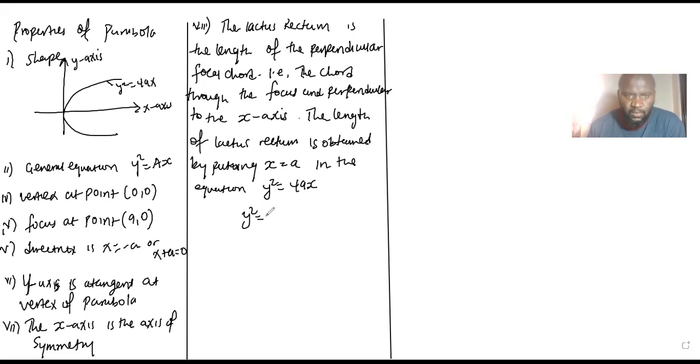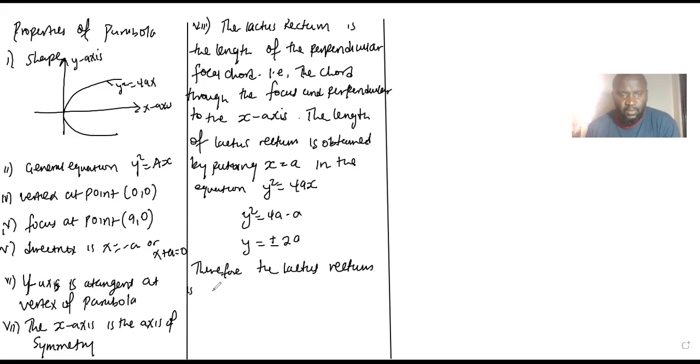So y squared would be 4a times a, which gives us y is equal to plus or minus 2a. Therefore, the latus rectum is always 4a units.